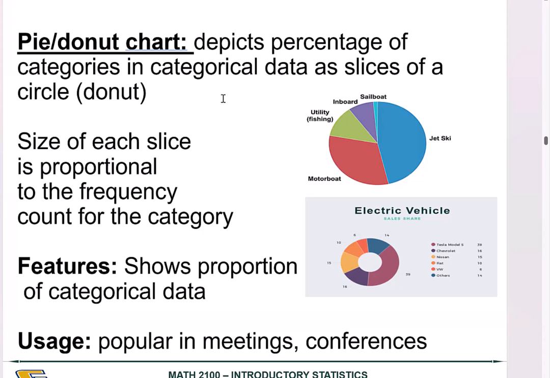Here we have two figures. The pie chart shows the kinds of boats stolen in Florida. You can see the jet ski and motorboat make up a big segment among all these stolen boats, and we have fewer from sailboats or inboard fishing boats. For the electric vehicle sales share, you can see that we have the most from the Tesla Model S, about 39%.